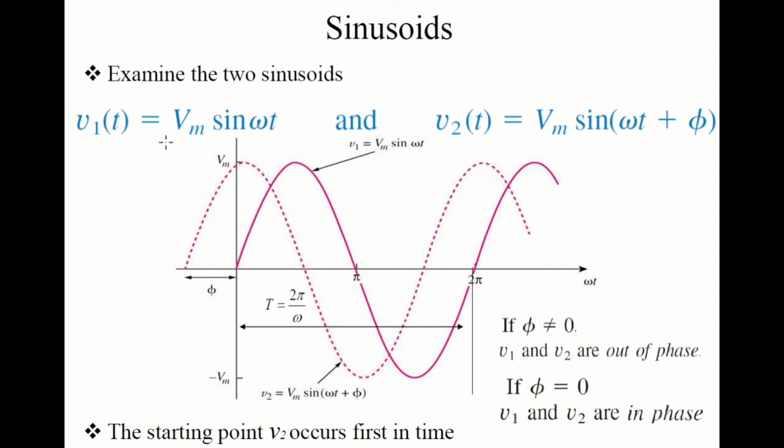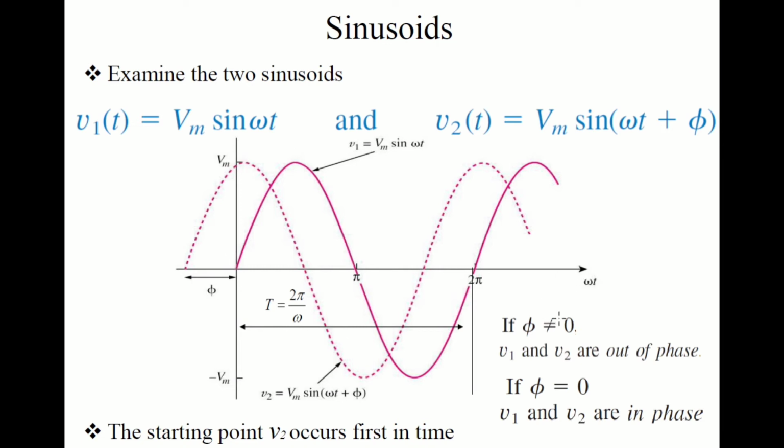The first sinusoid is the straight line here, and the second sinusoid is the dotted line over here. The difference between these two sine waves is the phase difference, which is the phi over here. The starting point of v2 occurs first in time, with a difference of phi.